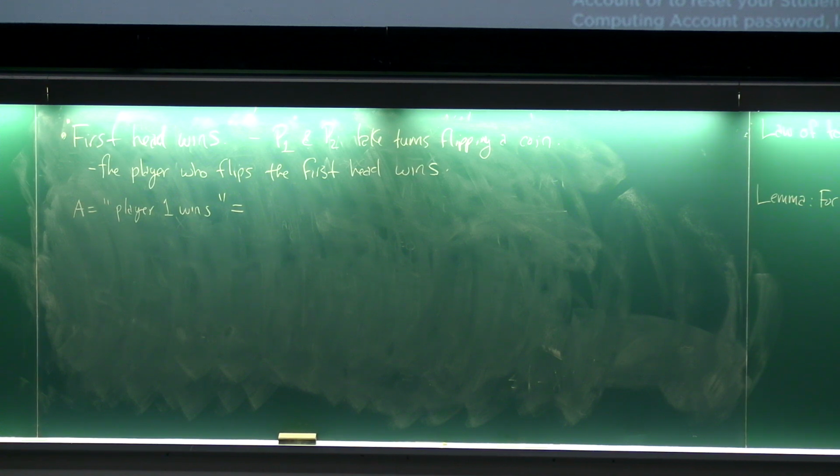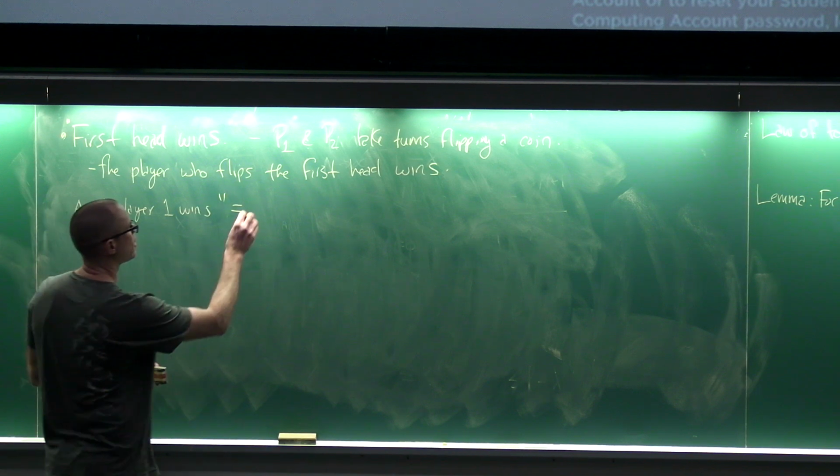So the sample space looks exactly like this. And actually the probabilities look exactly like this. It doesn't matter who's tossing the coin, player 1 or player 2. So now we just need to figure out what this event A where player 1 wins looks like.